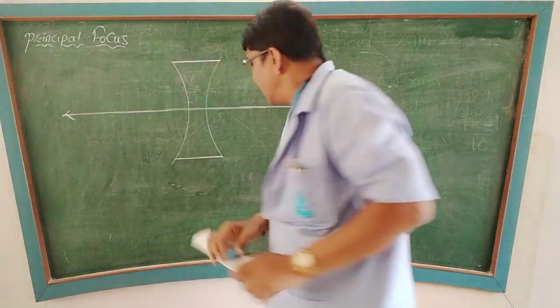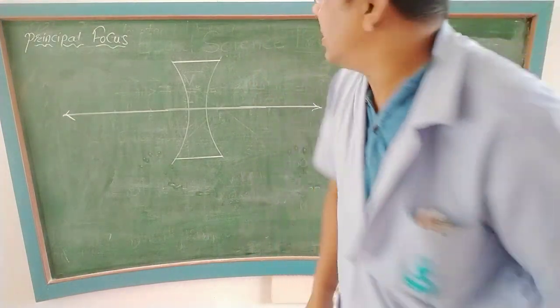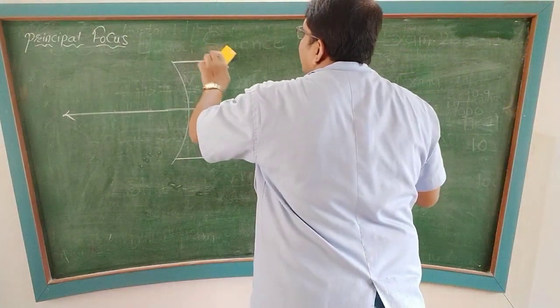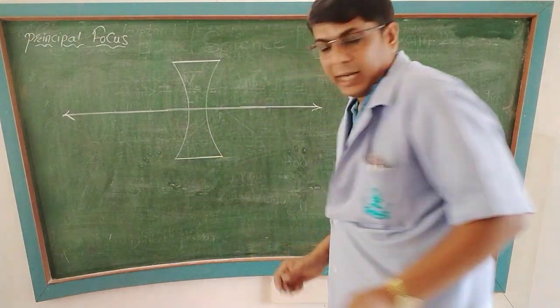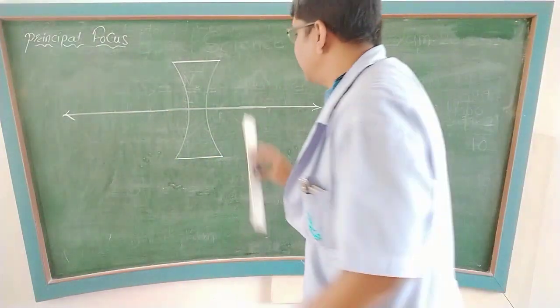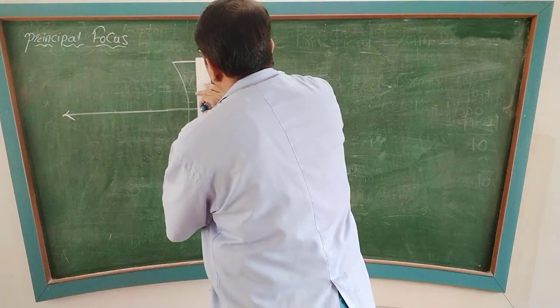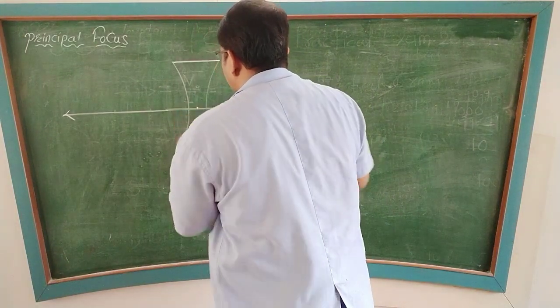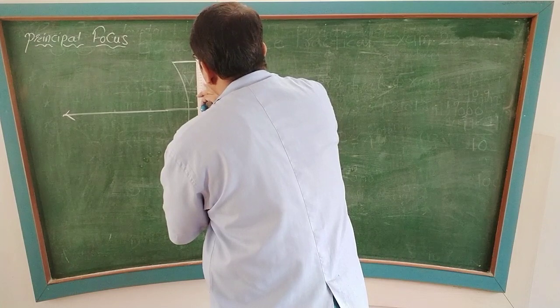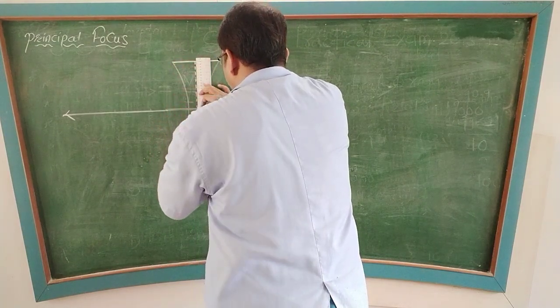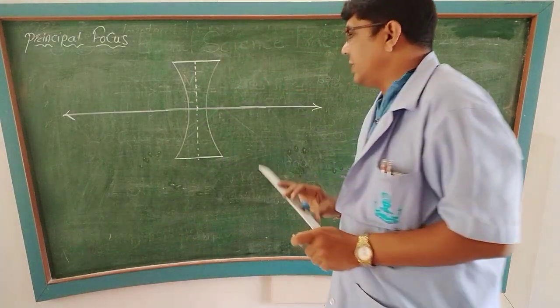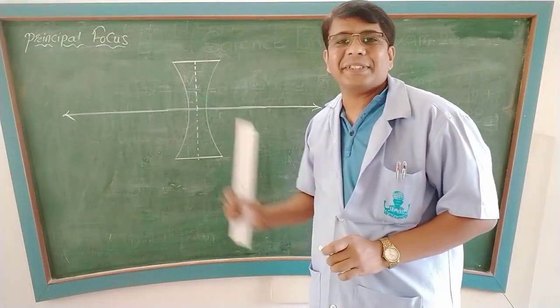Erase the additional arcs. Now again draw the optical center, so that means you have to draw the vertical axis. Do you get it? So this is the optical center, this is the principal axis.